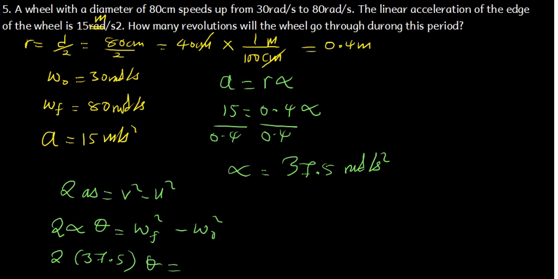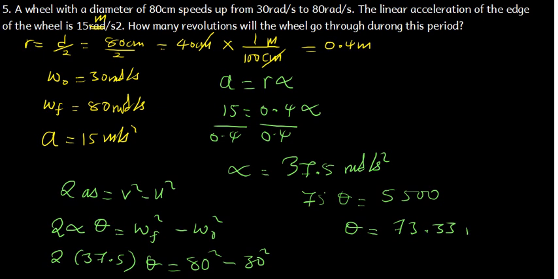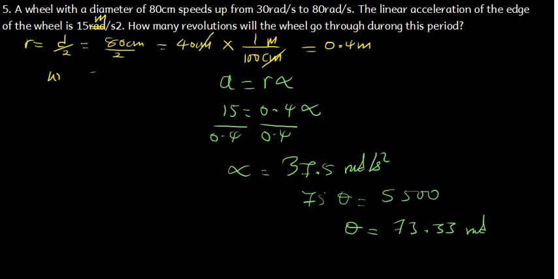The final speed is 80 squared, the initial speed is 30 squared, so 80 squared minus 30 squared is 5,500. To remain with theta, divide by 75. 5,500 divided by 75 gives us 73.33 radians.